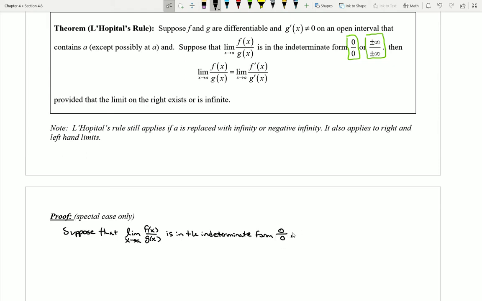Okay, so let's assume that to start. So again, the rule up here generally states you could be in the form 0 over 0 or infinity over infinity, but let's just assume for the moment that we have specifically this form.